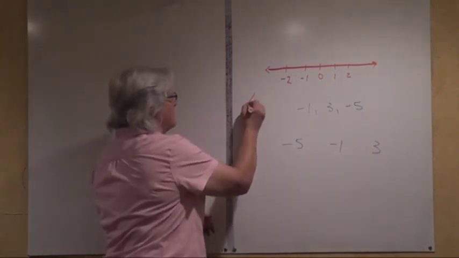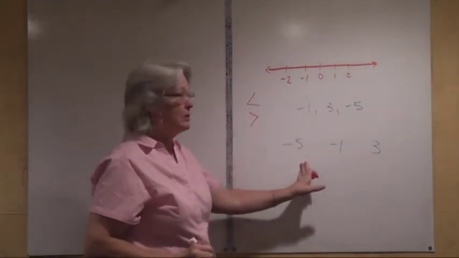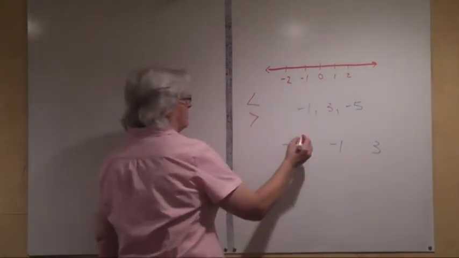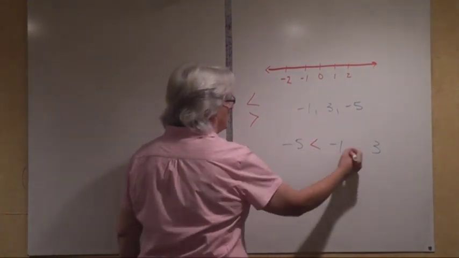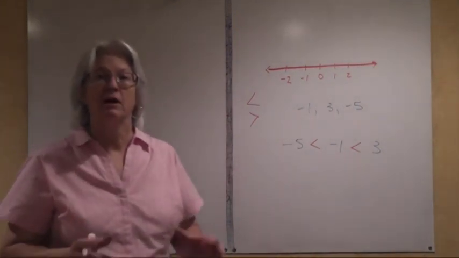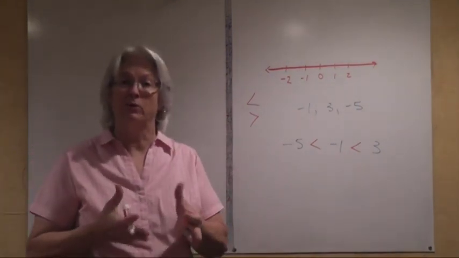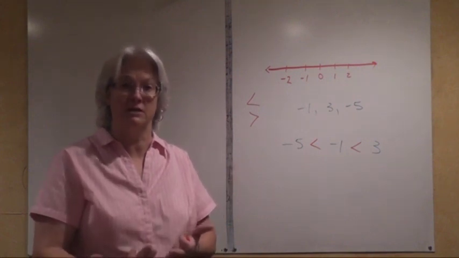We have less than, we have greater than. The small end of the symbol points to the smaller number. -5 is less than -1. -1 is less than 3. And that's how you order numbers using inequality symbols.